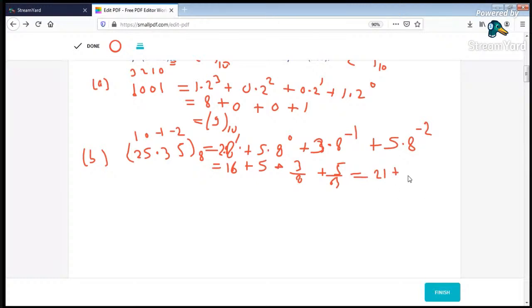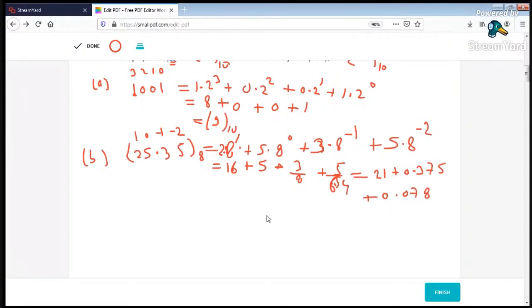This will be 0.375, plus 5 by 8 to the power 2, that means this is 64. So 5 by 64, this value will be 0.078.